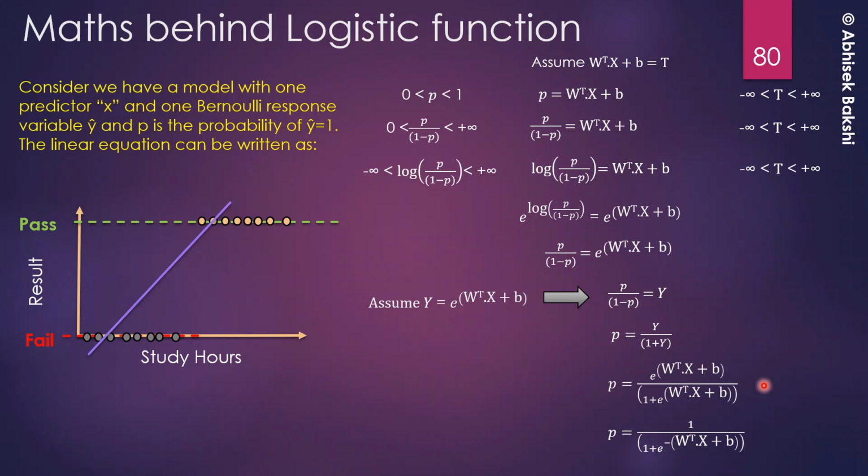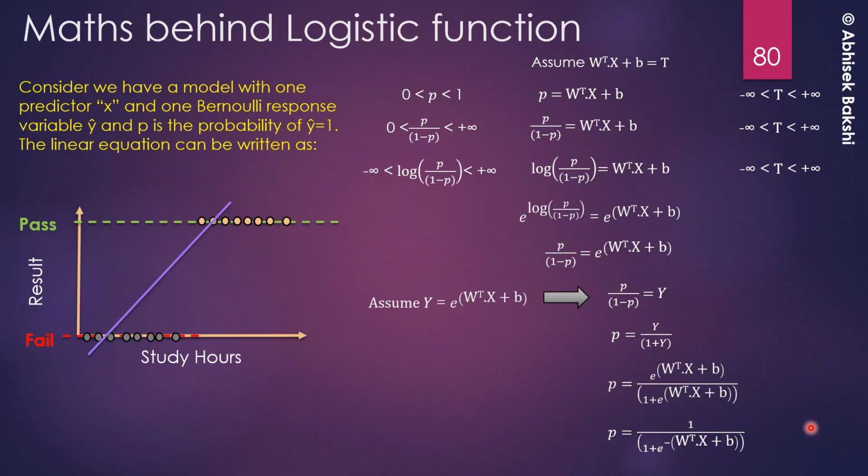Again I have a step jump here, just for shortage of time. What you can do at home is divide the numerator and denominator both by e to the power w transpose x plus b and check it. You will find this equation.